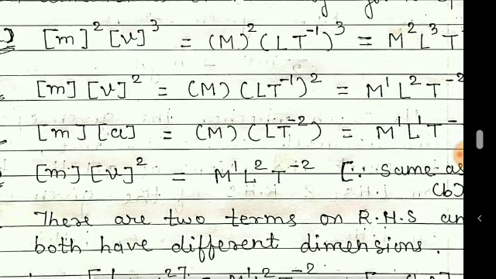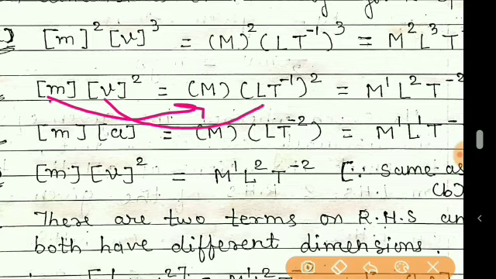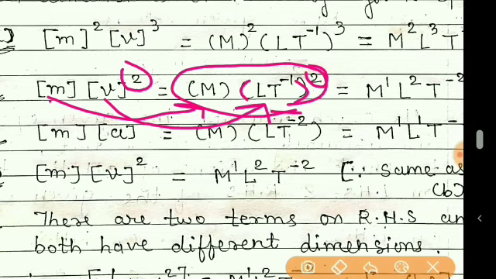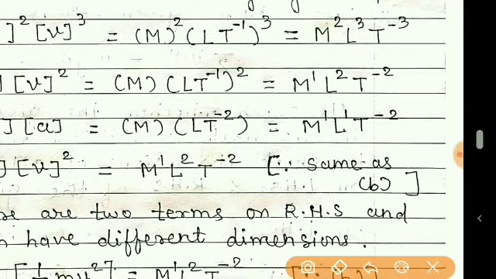Now for mass it is M, for velocity it is L T raised to minus 1. Here there is square, so I have written square. After opening these brackets and then combining this, you can easily get this dimension. I hope you will be able to understand this.